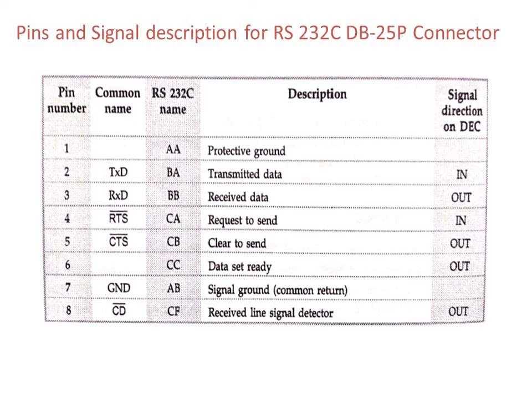The common name of the third pin is RXD, its RS232C name is BB, and it is received data, and the signal direction on DCE is out. Similarly, the table gives the common name, the RS232C name, the description, and the signal direction on DCE of all the 25 pins of the RS232C DB9P connector.